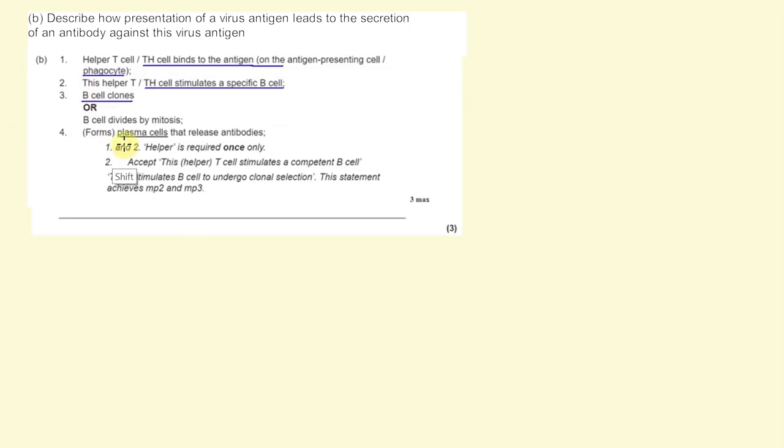But my favoured answers are underlined in blue. Notice that you had to use the term plasma cell. So once again, I would just get used to talking about plasma cells secreting antibodies. And also notice that different wording can be used that means the same thing.